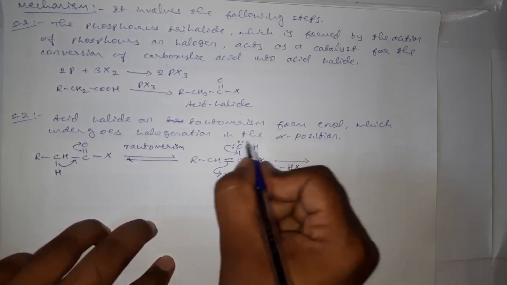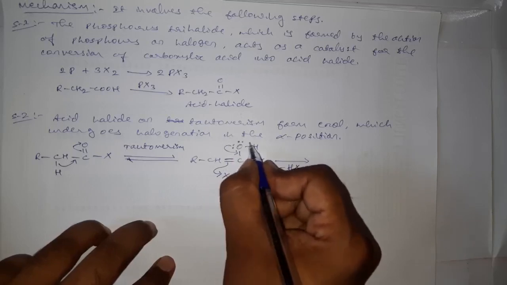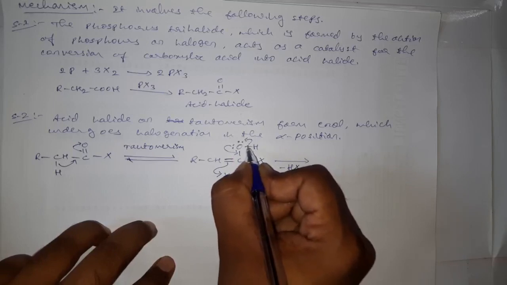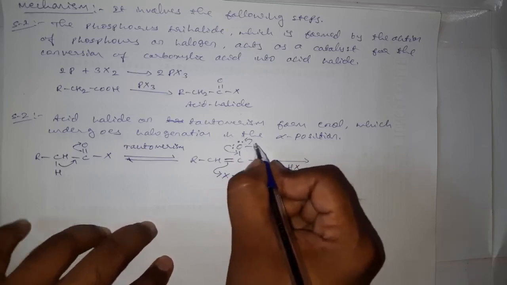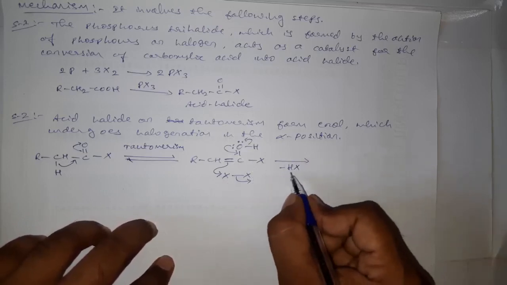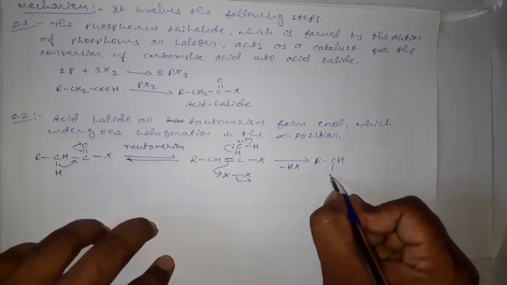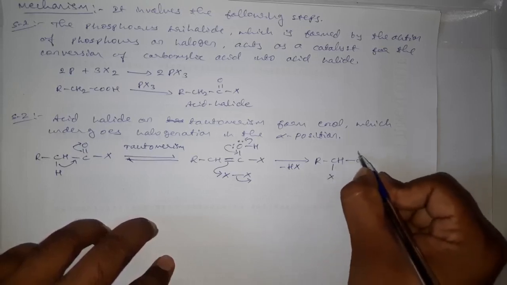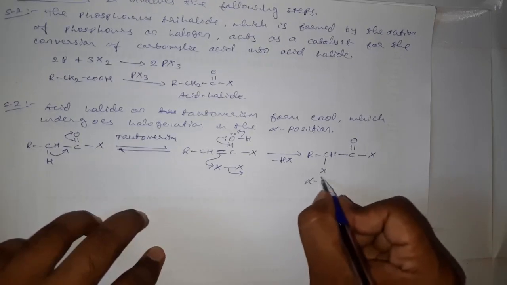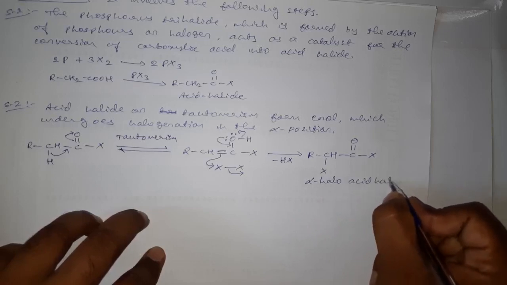From this H is going, because here the oxygen is forming new bond and it should lose one of the old bond, and this bonded pair of electrons will now move towards oxygen only, and this H and this X will now move as a hydrogen halide. Here we will get RCHX C double bond O X. This is called alpha halo acid halide.